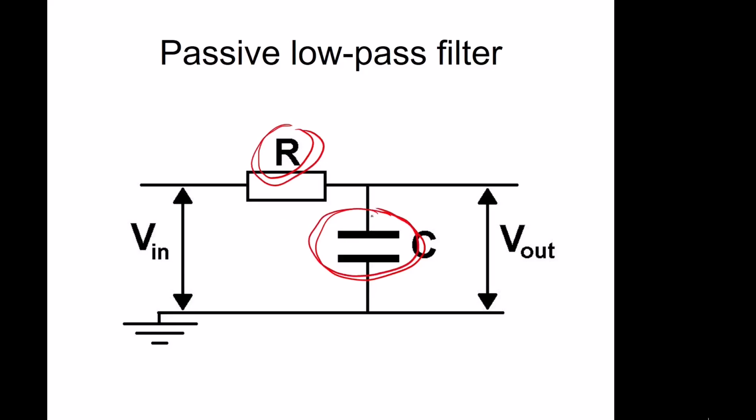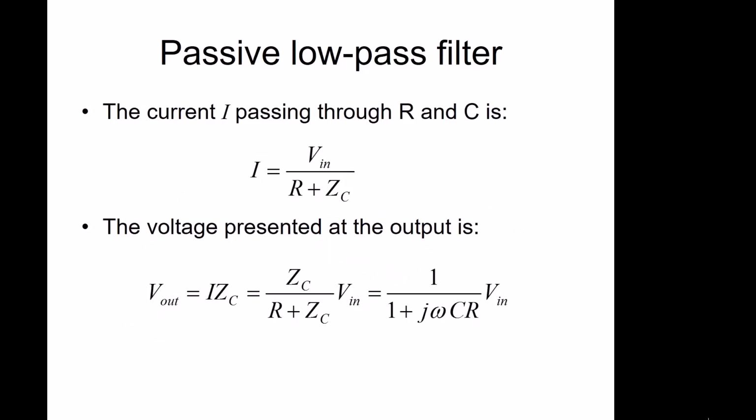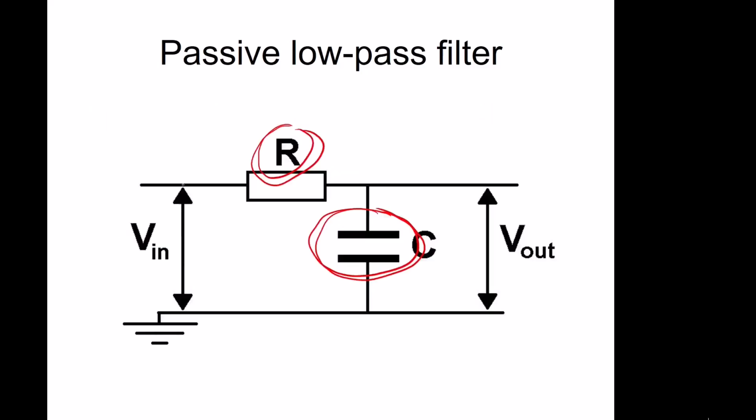So for this passive low pass filter, we'll have a look at the transfer function. If you look at the current passing through the resistor and capacitor, we have the potential difference. So this is V in here, this is ground here, so we've got a potential drop of V in across here.